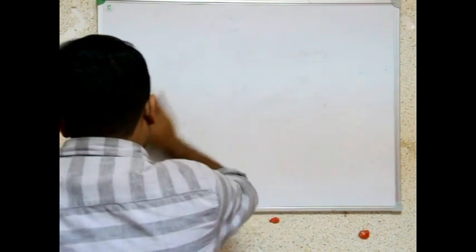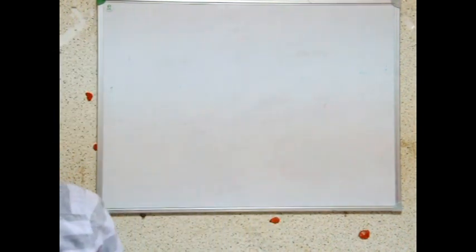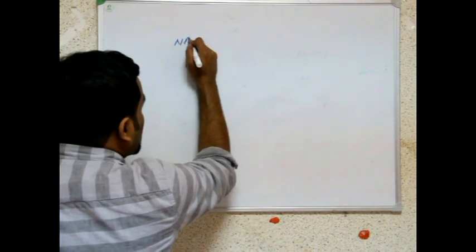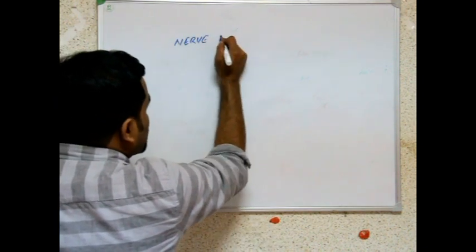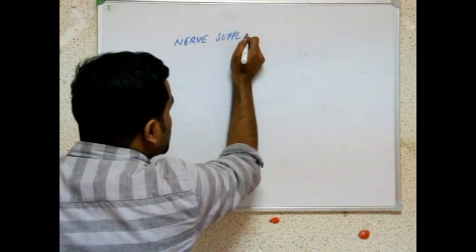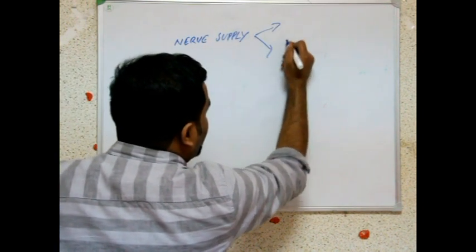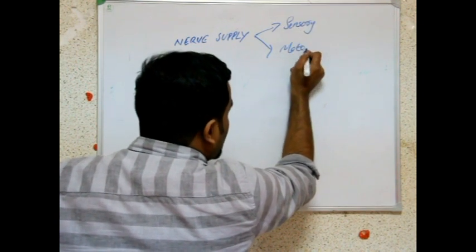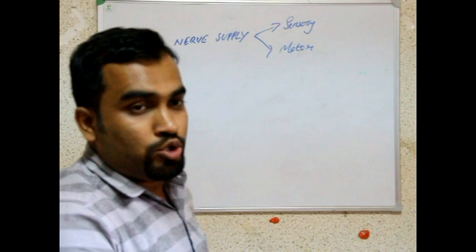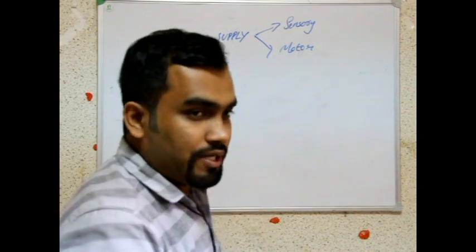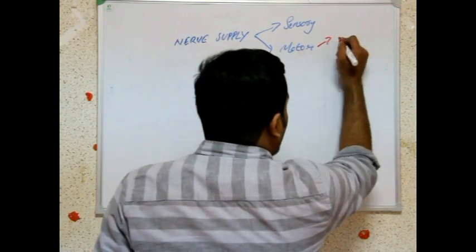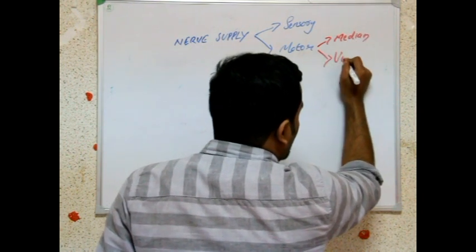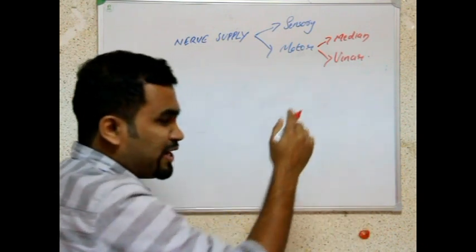So in nerve supply, there will be both sensory and motor, right? Sensory and motor supply. This motor supply is done by two nerves, the median and ulnar nerve. Clear? That I explained you just now.